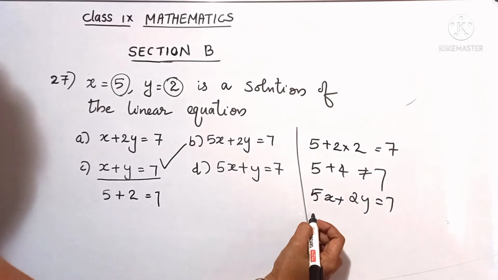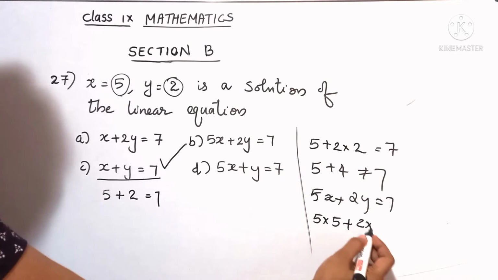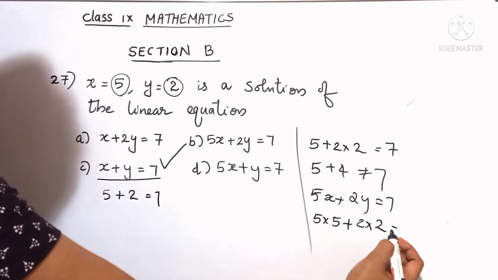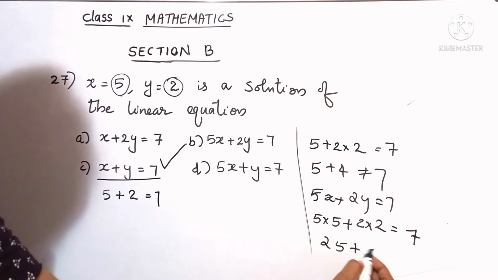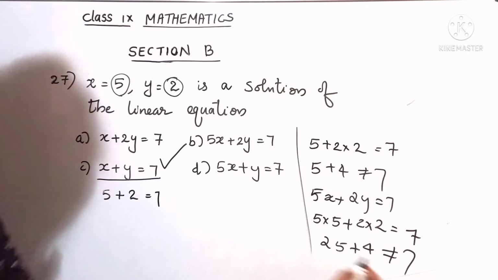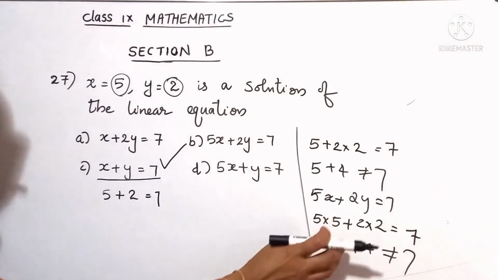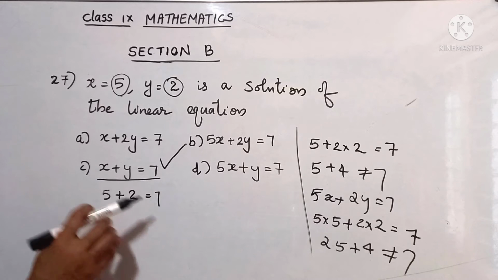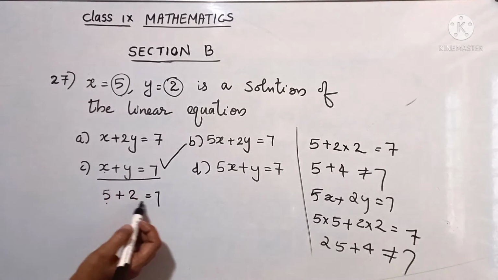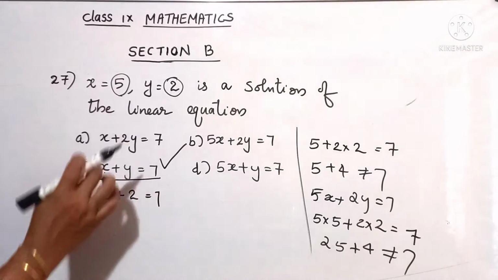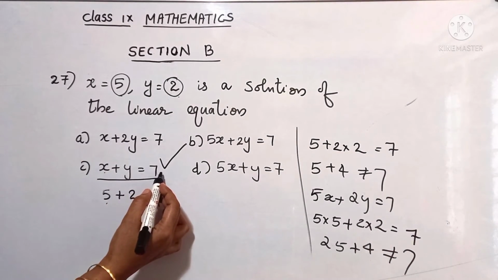Substitute x as 5 and y as 2: 5 into 5 is 25, plus 4, not equal to 7. So this also we cannot select. Like this way we have to substitute the values and check, and we will get the correct answer. Here x plus y is equal to 7, x is 5, y is 2, equal to 7. This is the equation satisfying this solution of x and y. So the answer is option C.